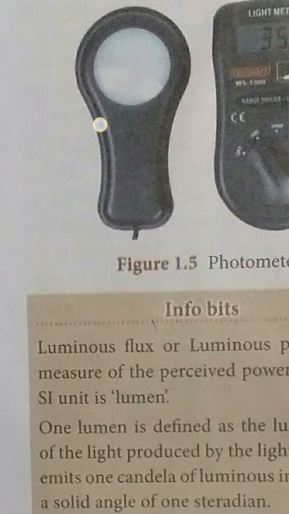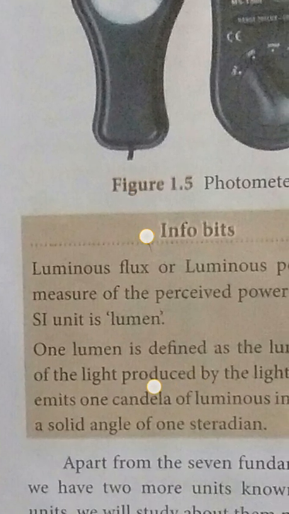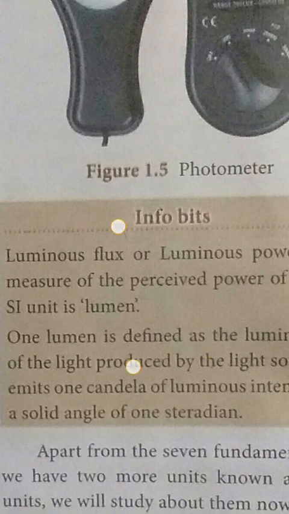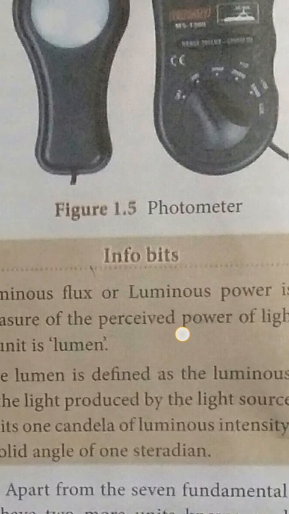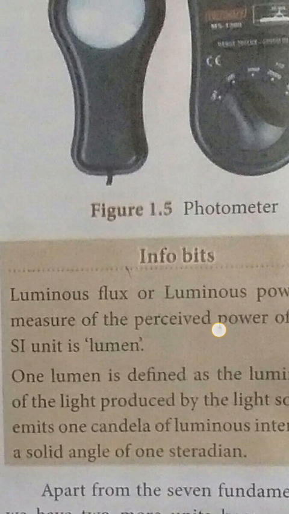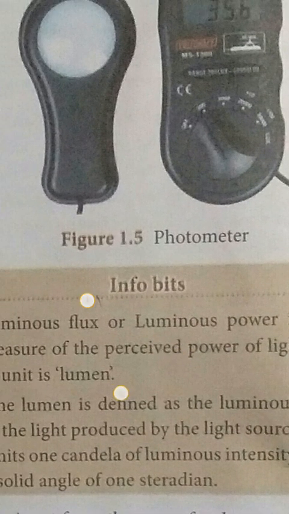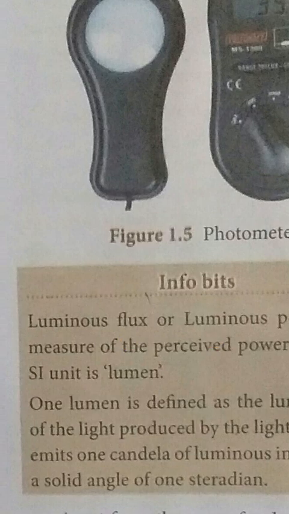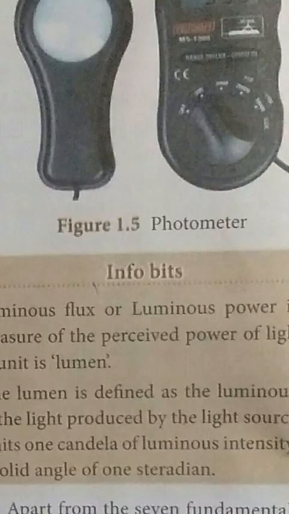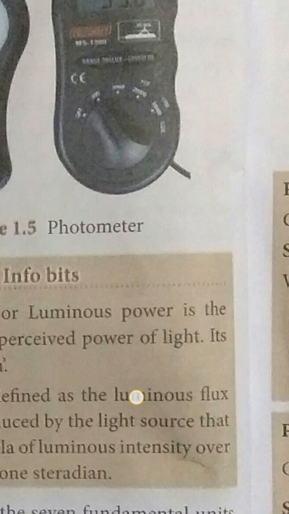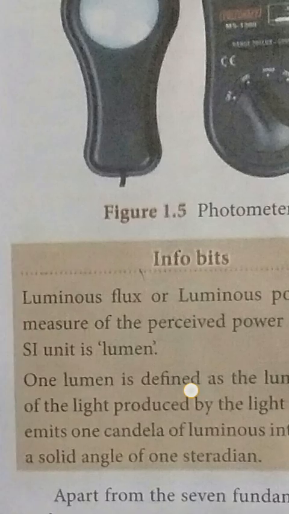Next question, define luminous flux or luminous power. For that you have to write these 3 lines. Luminous flux or luminous power is the measure of the perceived power of light. Its unit is lumen.